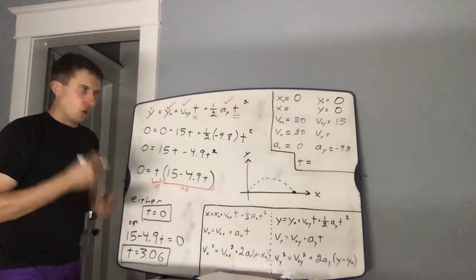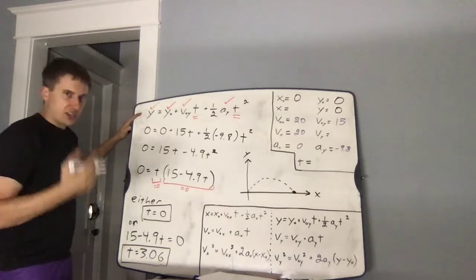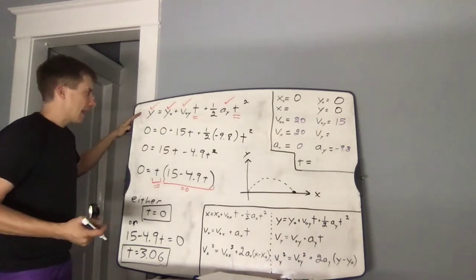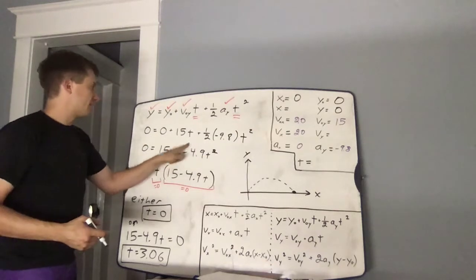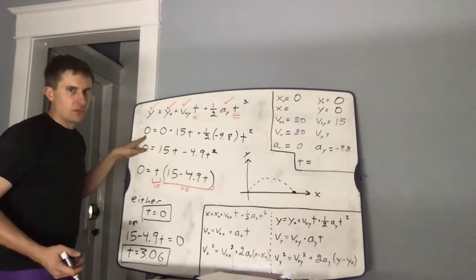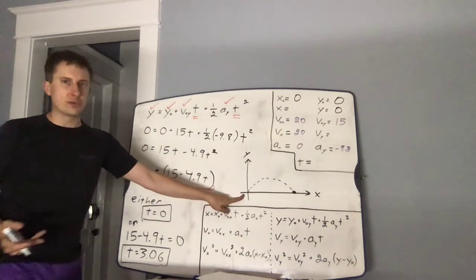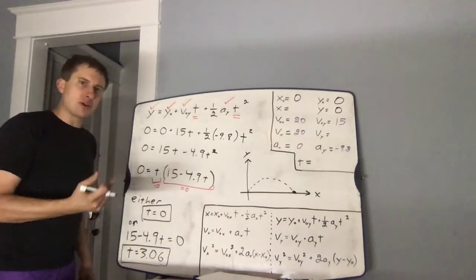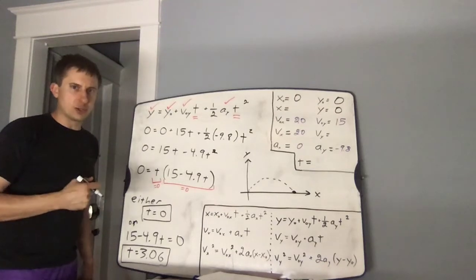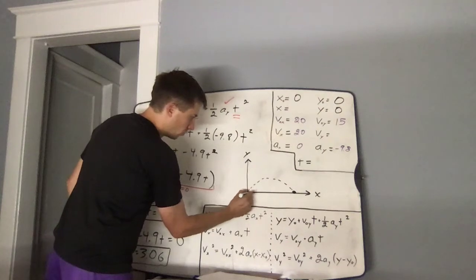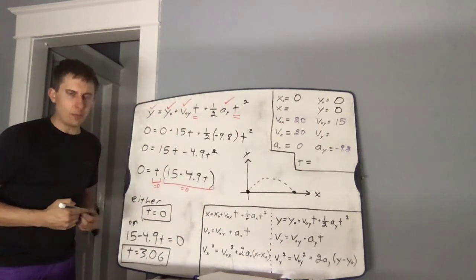So what did we really do when we plugged in numbers here? We were in a sense asking, at what time is the height of the ball equal to 0? And if I compare that question to the picture I drew here, I could see there are two moments when the height of the ball is equal to 0. When the ball lands and when the ball is initially thrown.